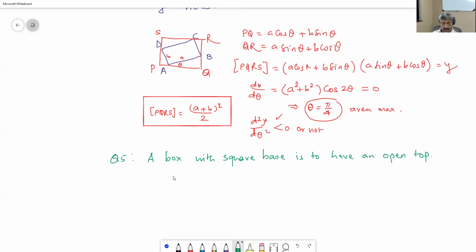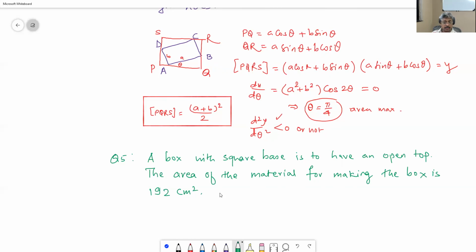The area of the material for making the box is 192 centimeters square.